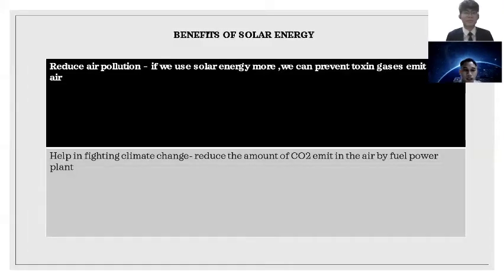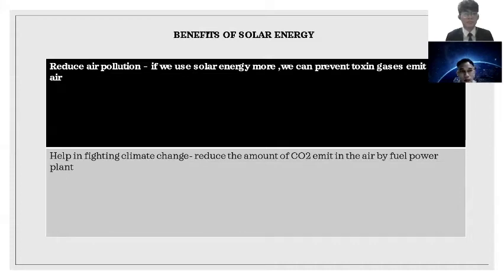Last but not least, I'm going to share with you the benefits of solar energy. First of all, using solar energy can help in reducing air pollution. This is because nowadays there are a lot of cars. As we know, cars use petrol fuel to move their engines.